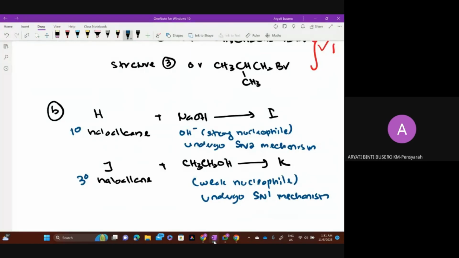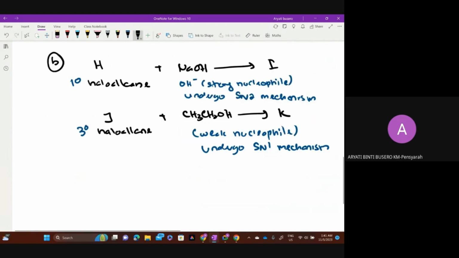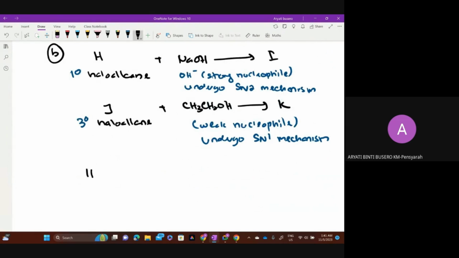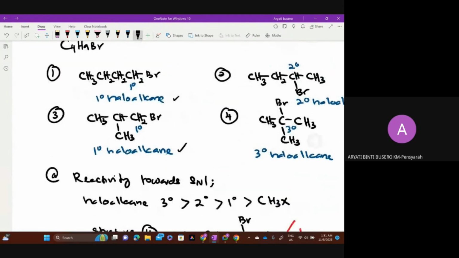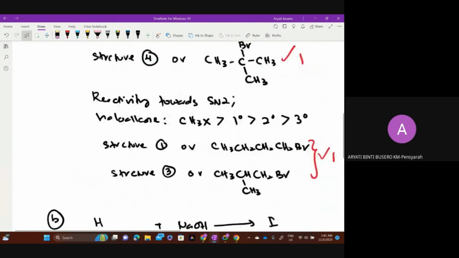Okay, so bila kita dah clarify kat sini, kita pun akan pilih mana satu primary haloalkane, mana satu tertiary haloalkane. So your structure for H will be primary haloalkane. So structure untuk H adalah structure number 1 ataupun structure number 3.